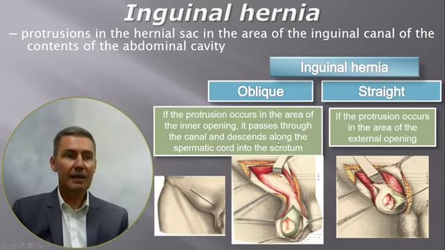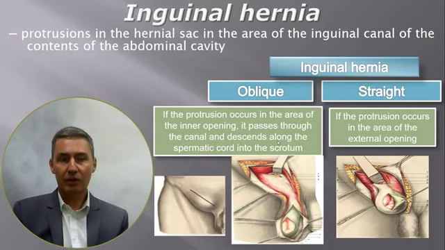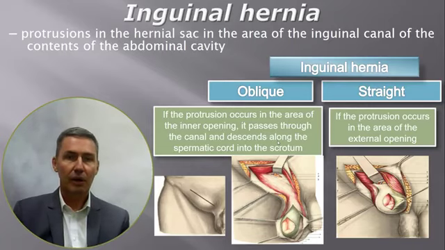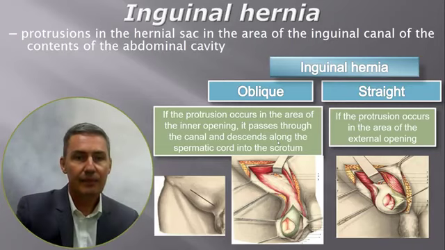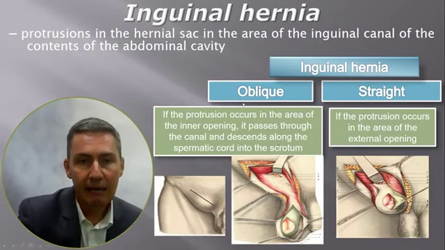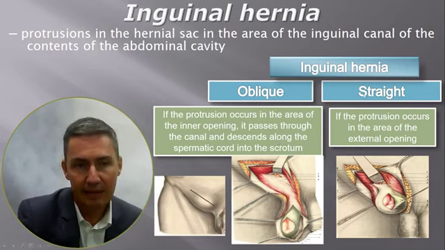Inguinal hernia classification. The hernia, as I told you before, is the protrusion of organs covered by the peritoneum, this is the hernial sac, into the area of the inguinal canal, the contents of the abdominal cavity. So these hernias are classified into oblique and straight.